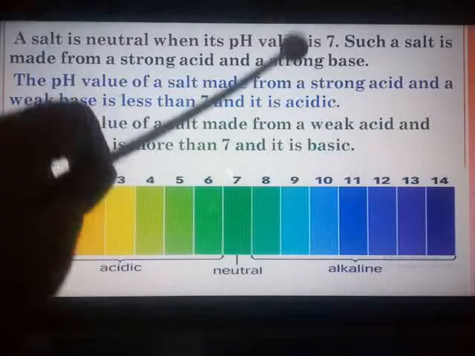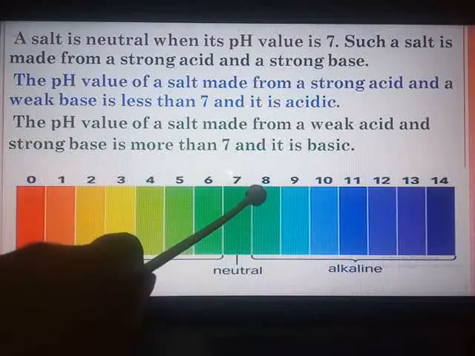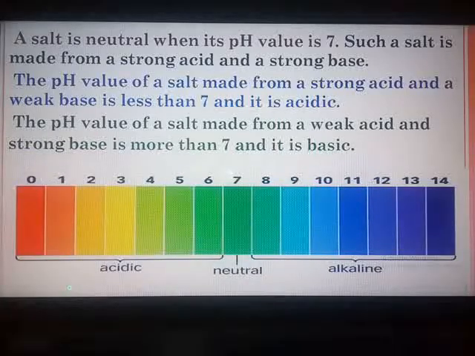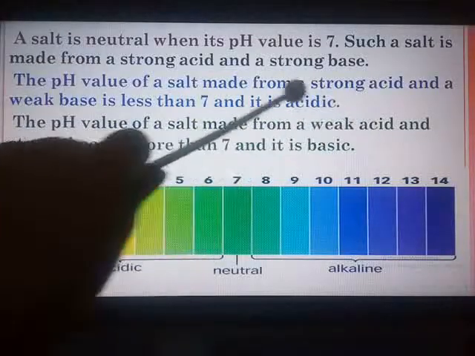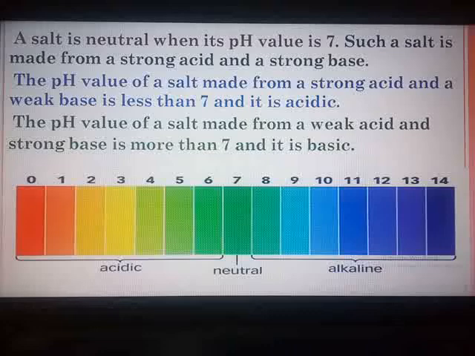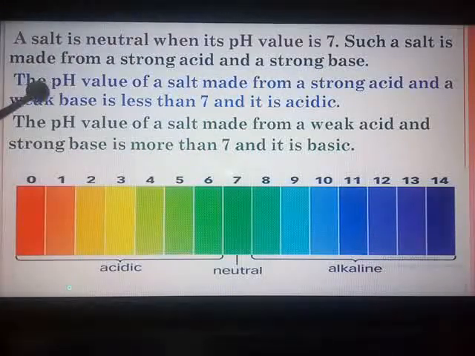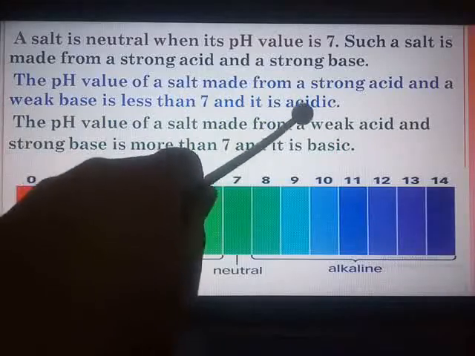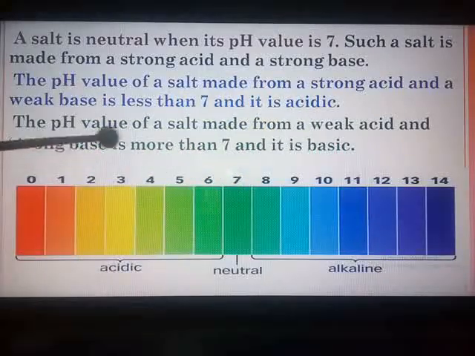When the pH value is greater than 7, that is between 8 to 14, then we can say that the salt is basic in nature, and such a salt is made from a weak acid and a strong base. You have to remember it carefully. Strong acid, weak base, then acidic salt. Weak acid, strong base, then a basic salt.